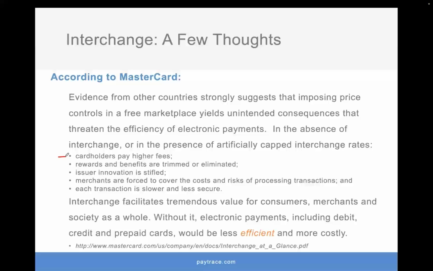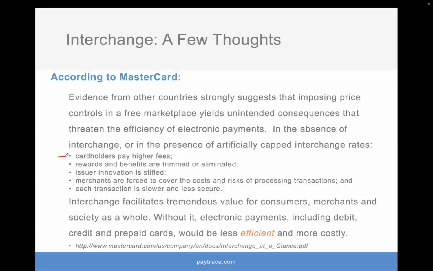Some cardholders do, with the resurgence of surcharging, cash discounting, right? Moving the fees around to the buyers. But ultimately, for the most part, as a consumer, when you use a credit card, there's usually not any cost to using that outside of maybe an annual fee from the issuing bank.